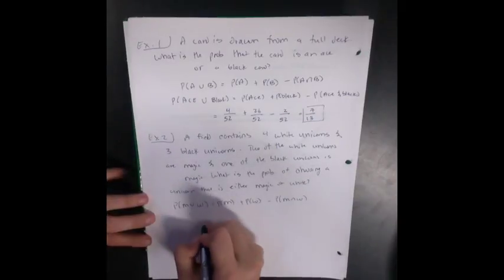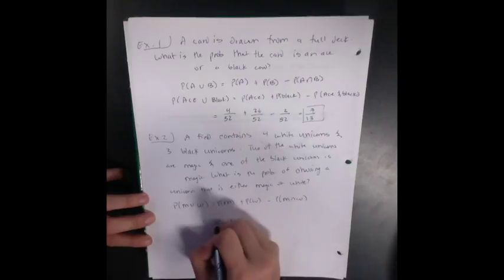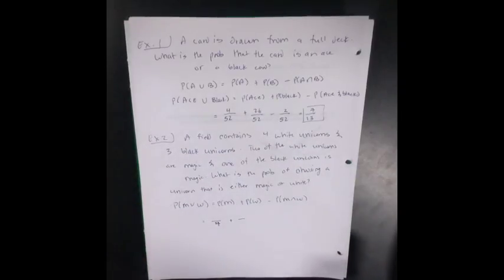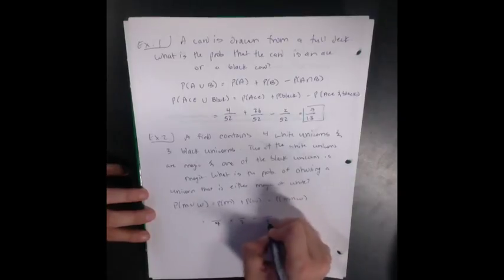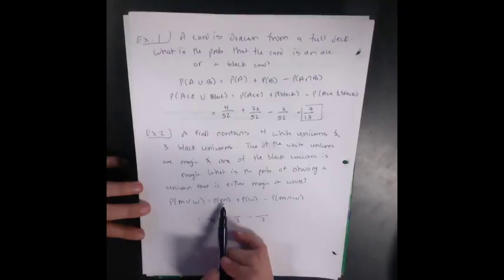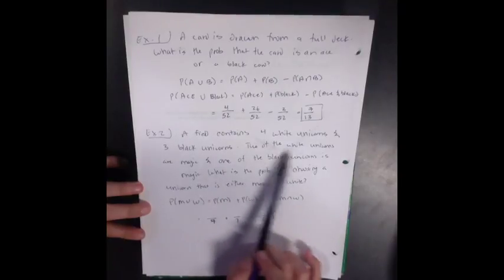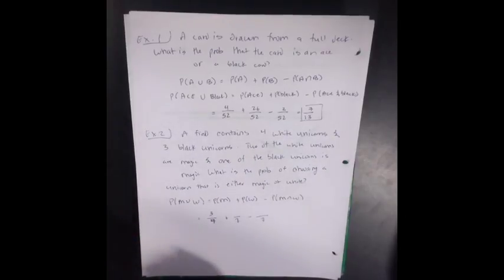Okay, so in our field, we have 7 unicorns, right? 4 white and 3 black. So my base for all of these is 7. Now the probability of choosing a magic unicorn: there are 2 white unicorns that are magic and 1 black unicorn that is magic, so the probability is 3 out of 7.